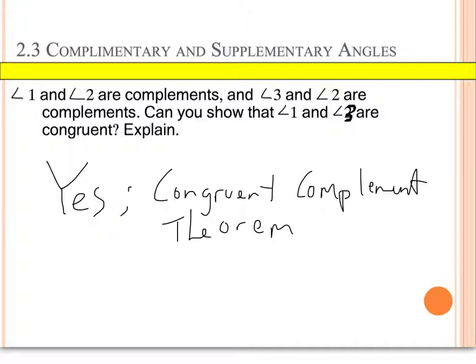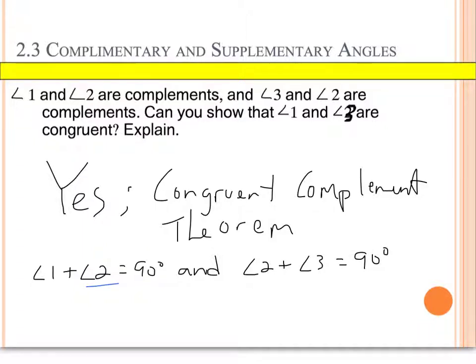Remember that second bullet: if angle 1 plus angle 2 equals 90 degrees and angle 2 plus angle 3 equals 90 degrees, because they both share this angle 2, that means they are congruent. They are the exact same measure because they share that angle 2 as its complement.